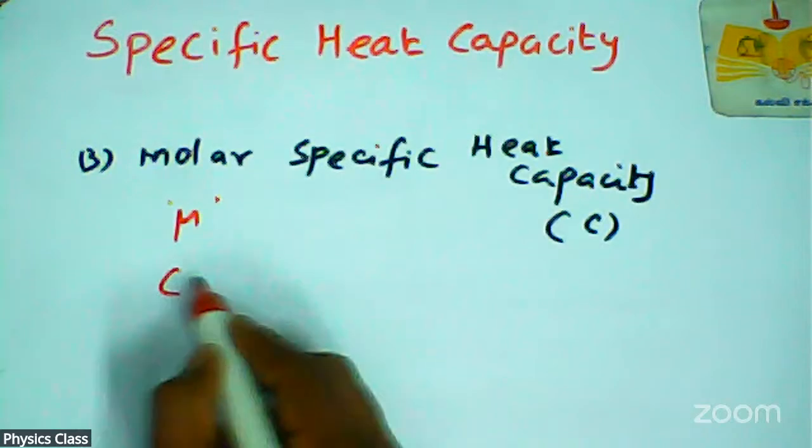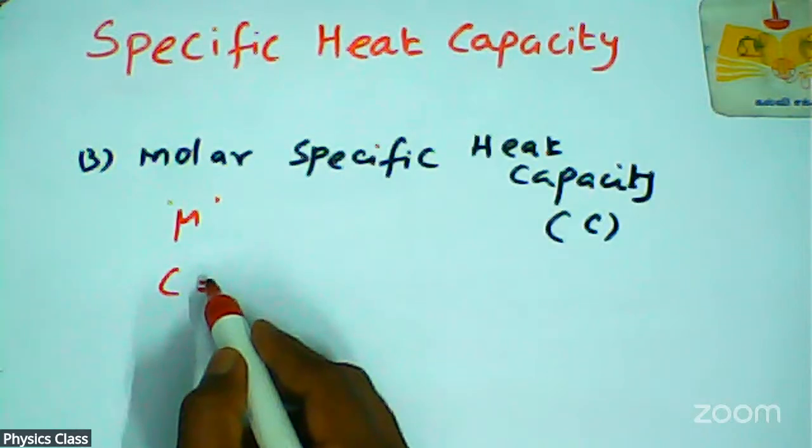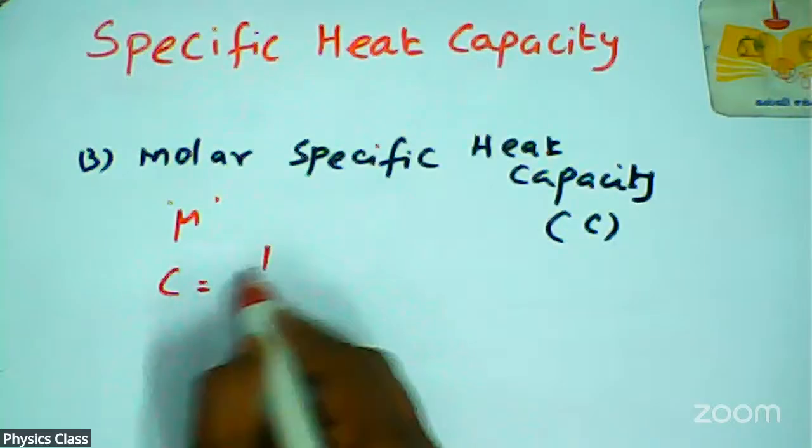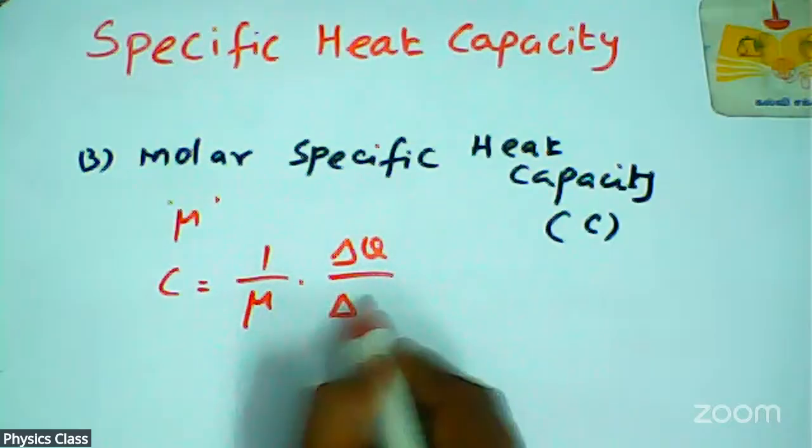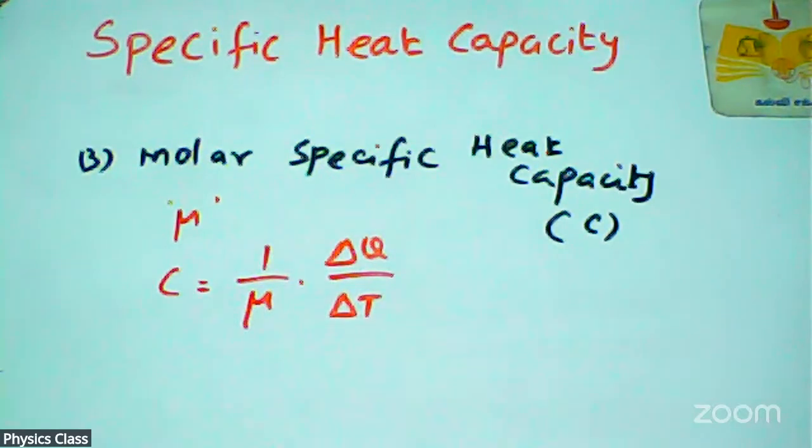So we can write the equation for the molar specific heat capacity: C is equal to 1 by mu, and again the same equation as before, del Q by del T. That's it.